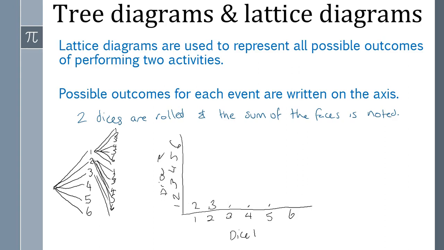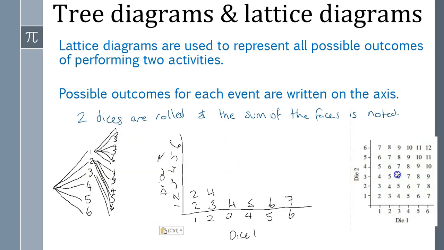A 1 and a 2 would give me 3, 1 and a 3 would give me 4. And you can fill this in, and work our way through. So when you fill it in and you're finished, it's going to look like that.